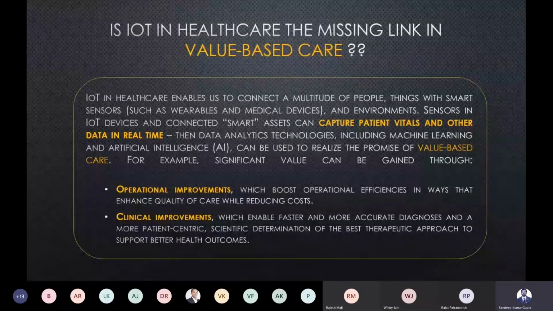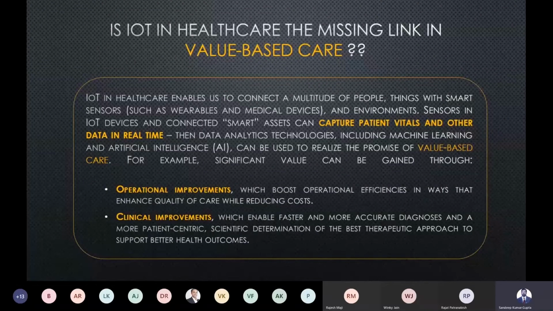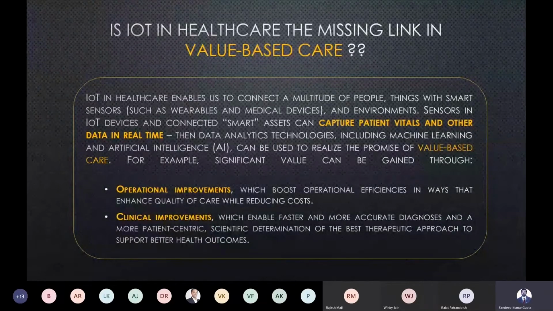So in order to implement analytics, what do we really need? Analytics is all about software, right? And to support software, we need hardware. As I mentioned, to run an analytics-based platform, we need data, and to get the data, we need IoT-supported devices. It's also known as the Internet of Medical Things, right? IoT in healthcare enables us to connect a multitude of people and things with smart sensors such as wearables and medical devices.